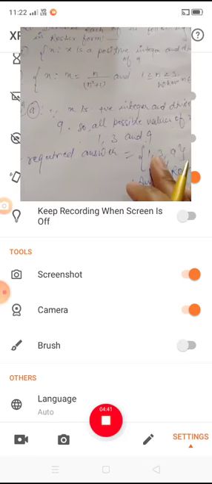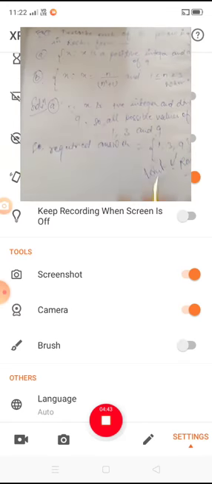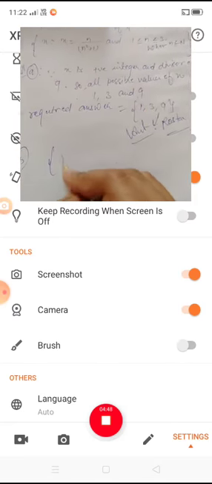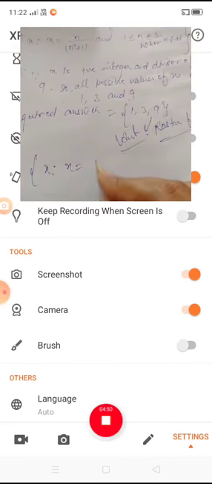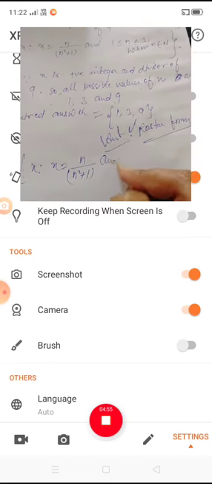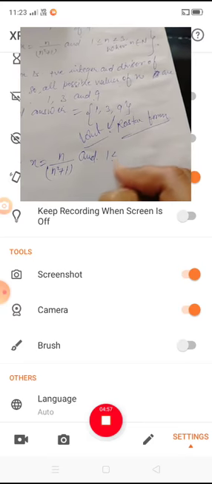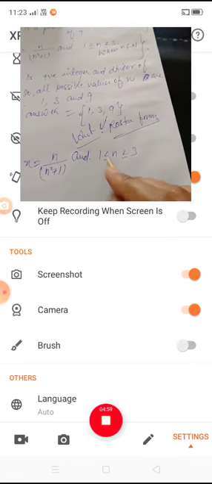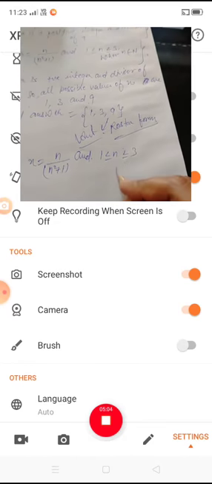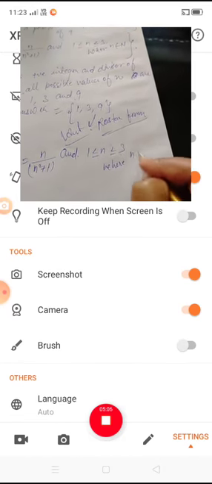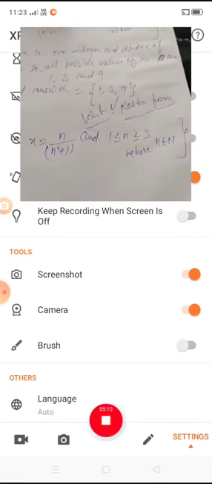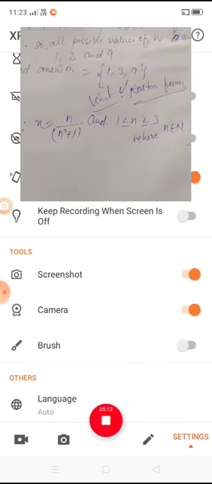Now we take the second question, B. Here, given that x is equal to n upon n square plus 1, and the variation of n is 1 less than or equal to n less than or equal to 3, where n belongs to natural numbers.